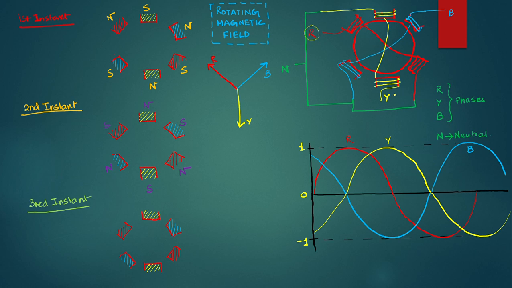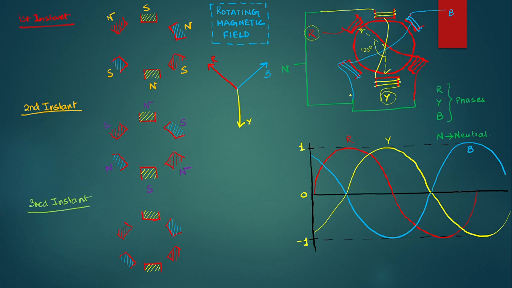Similarly, the Y phase is connected to the pole mechanically 120 degrees apart from the R phase. So the angular difference is 120 degrees, right? And the connection is the same. The other terminal goes to the neutral.